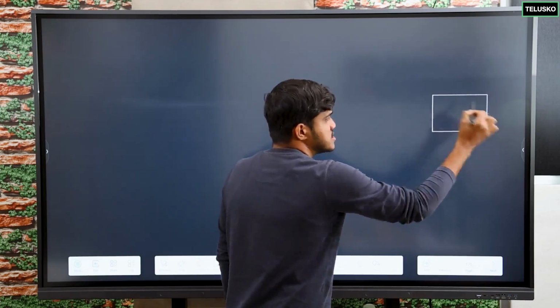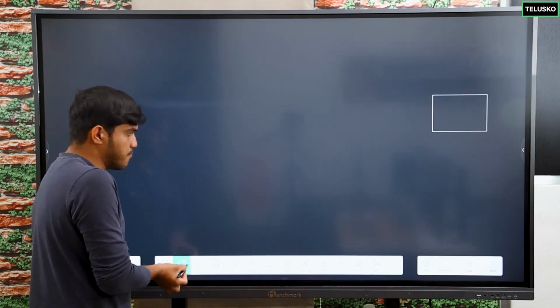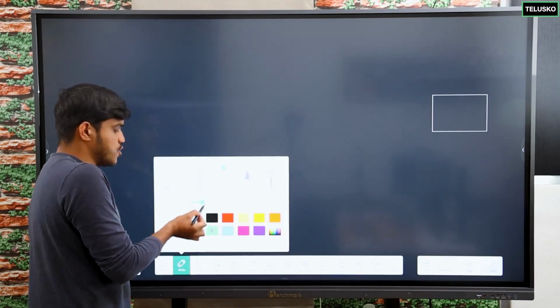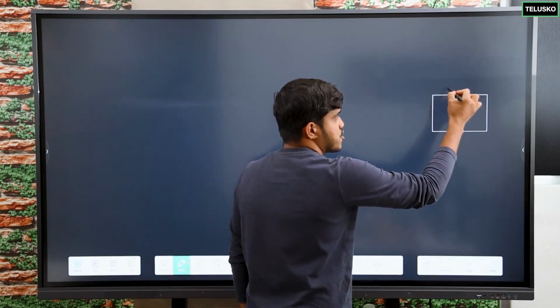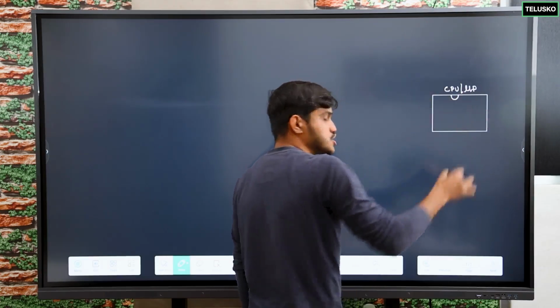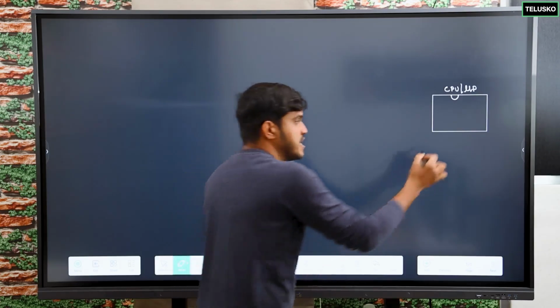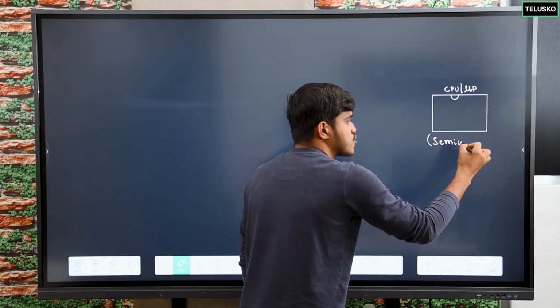This is my CPU, which happens to be one of the most important components in your computer. I would be representing this in this style. You can call it CPU, you can call it microprocessor, which is of one technology called semiconductor technology.